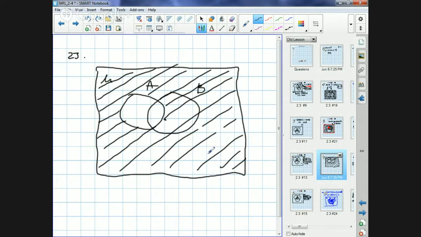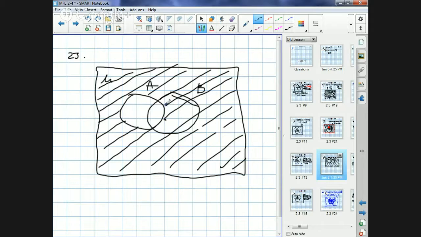So that is not an element of A, everything outside of there. It's on Smart Notebook. Yeah, Smart Notebook is what I use. It works the best for me to use a pen.